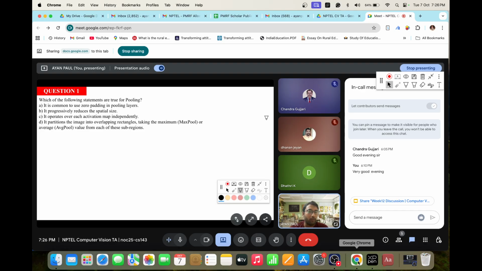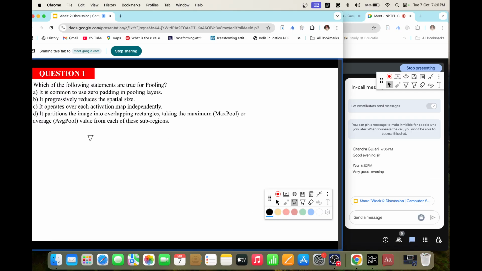So very easy, it is common to use zero padding in pooling layer. I have told you that we do not use this zero padding in the pooling layer. We use zero padding only in the convolution layer. So this is the first statement. And it progressively reduces the spatial size. This is a very true statement, because that is the main definition of pooling.